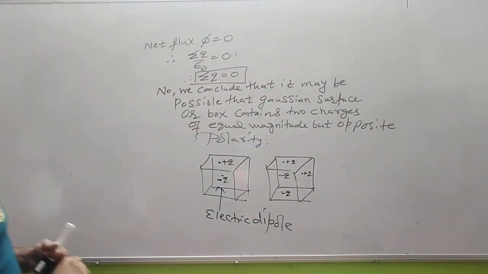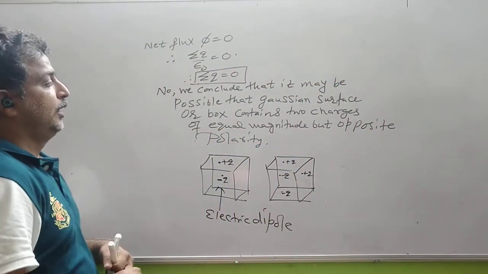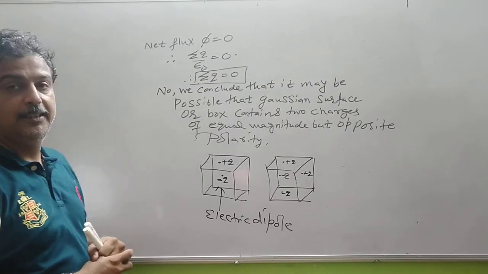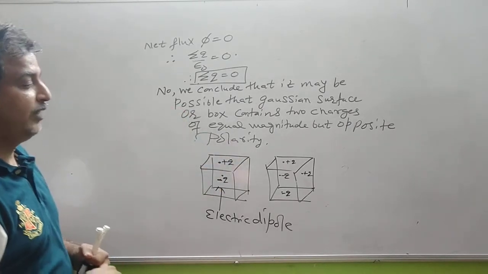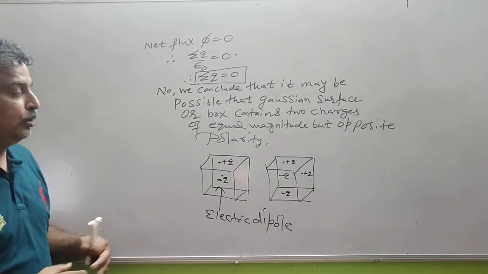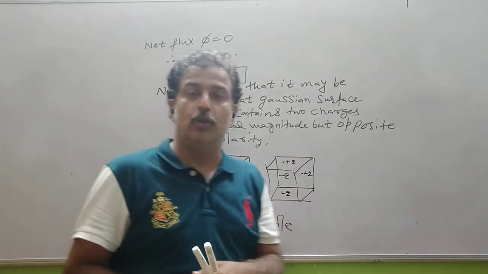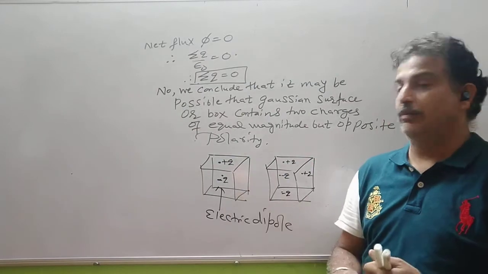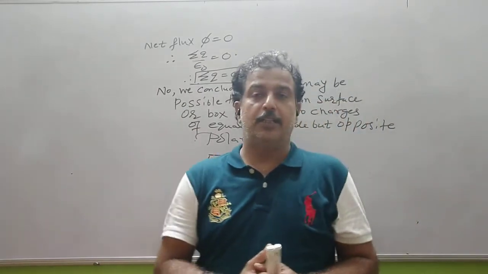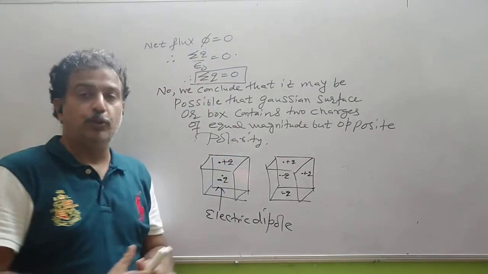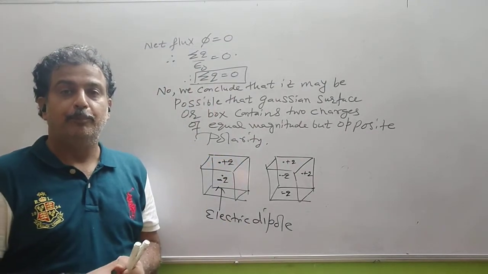So if the flux is 0, it is not necessary that the charge enclosed inside the Gaussian surface is also 0, meaning there is no charge in it. It may be possible that a Gaussian surface or box contains charges having equal magnitudes but opposite polarity.